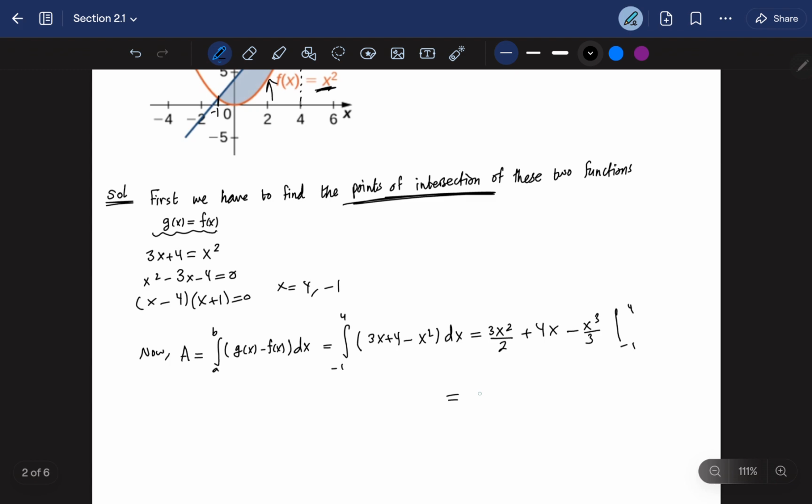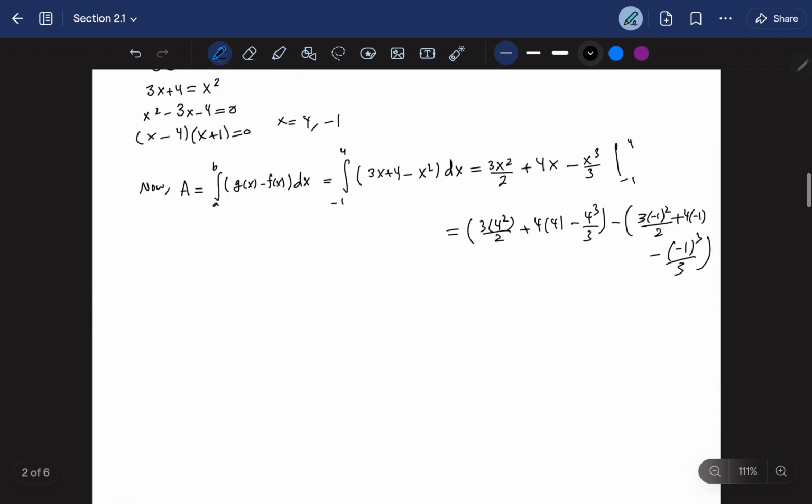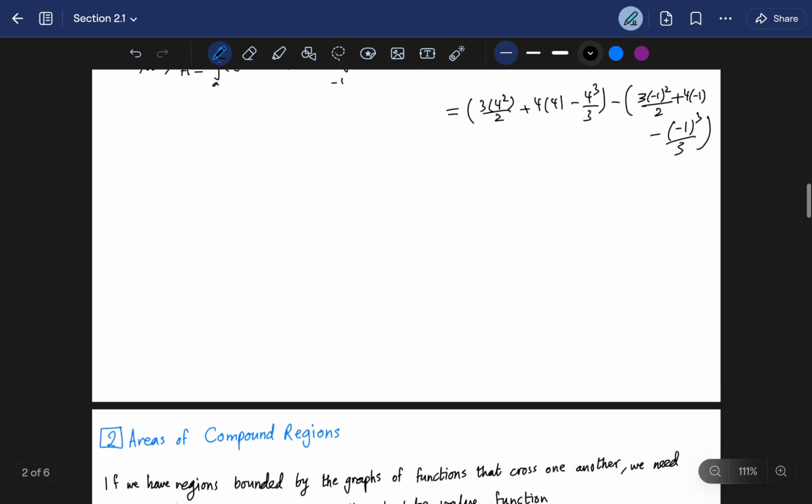Now you plug in upper bound minus lower bound and that would be your answer. So you can simplify it and find the answer in the simplest form.